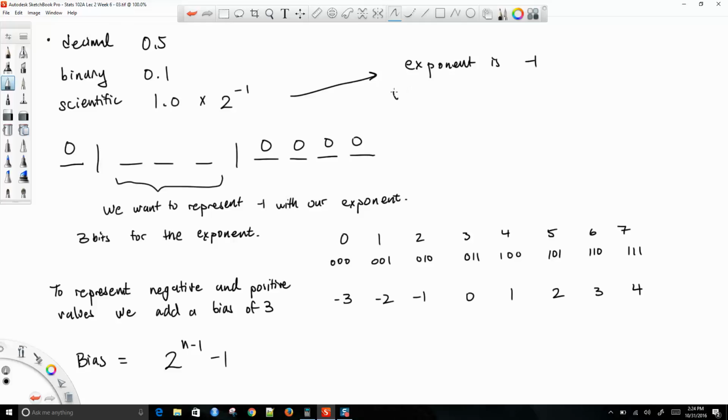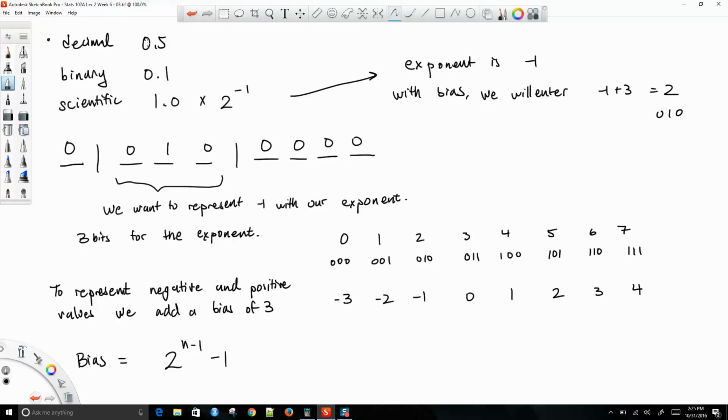So with the bias, we're going to put in 0, 1, 0. And that's what we will have. This allows us to have both positive and negative exponents, which is important when you want to represent decimal values.